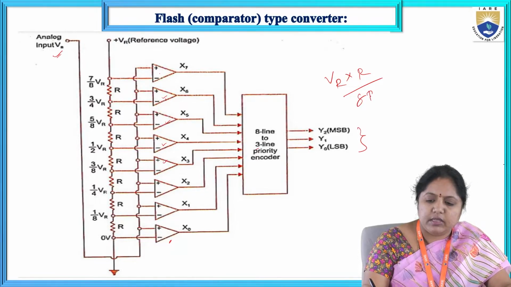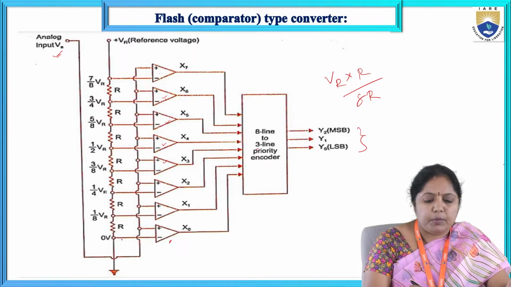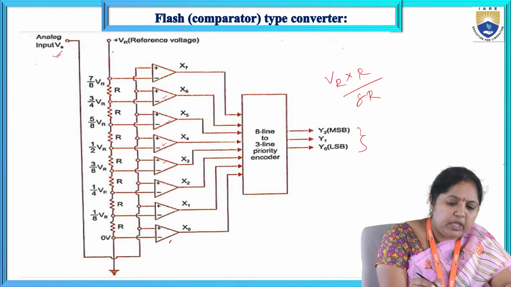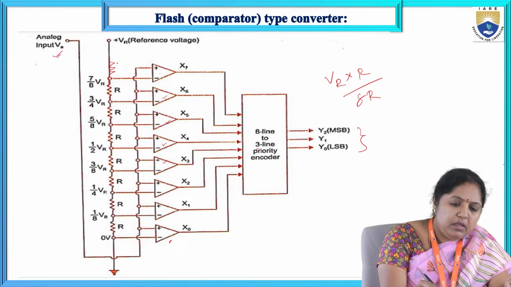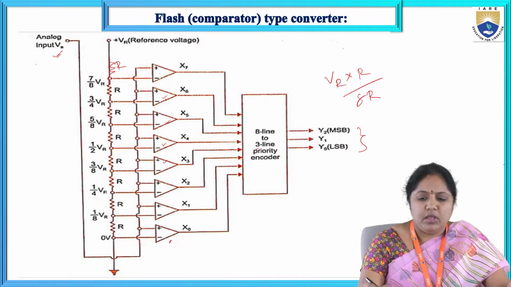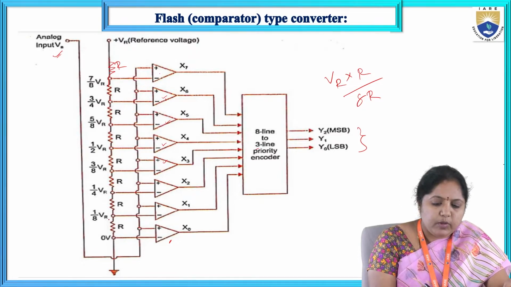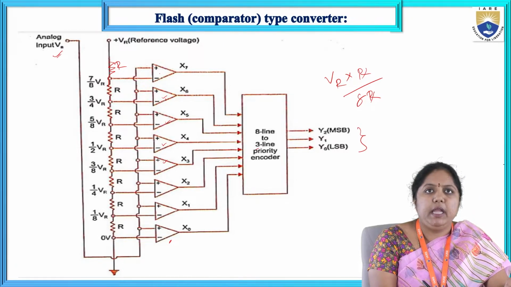The sum of all the resistances is R plus R plus R plus R and so on up to R, right? One more thing, this circuit should have one more resistance here. This is the R. So totally I have 8 resistances. So VR into R by 8R, right? So R and R get cancelled, and the voltage at this node is represented as VR by 8.